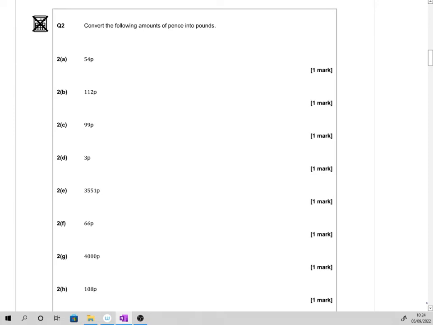So we're going the other way. So we're going to divide by 100 now to change them into pounds.